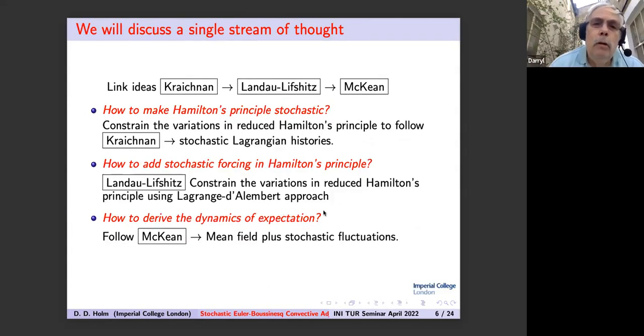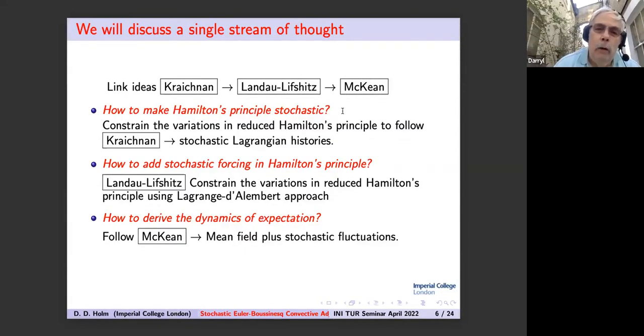Okay, so we're going to discuss the single stream of thought. We're going to link these ideas for stochasticity, from Kraichnan, Landau-Lifshitz to McKean. Okay, for Kraichnan, what we're going to do is make the Hamilton's principle stochastic, and we'll follow Kraichnan in this.